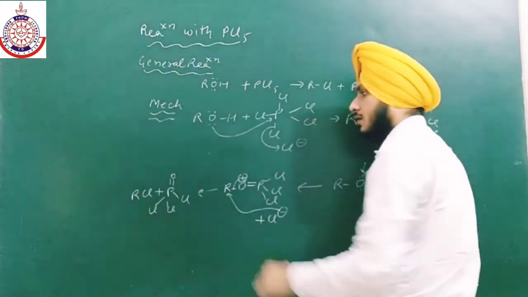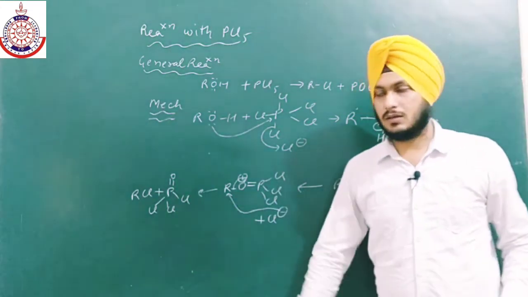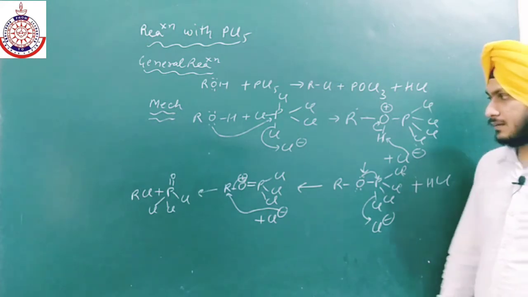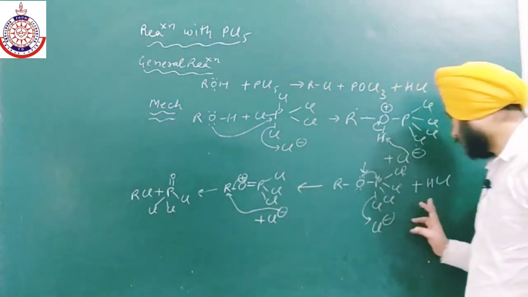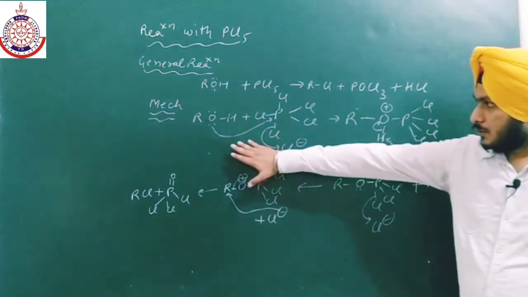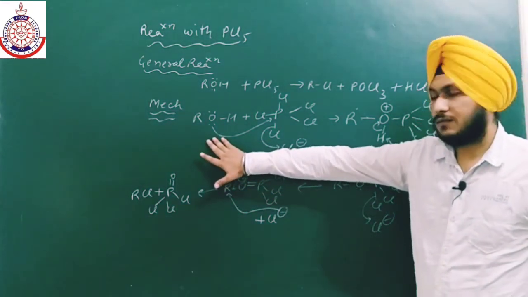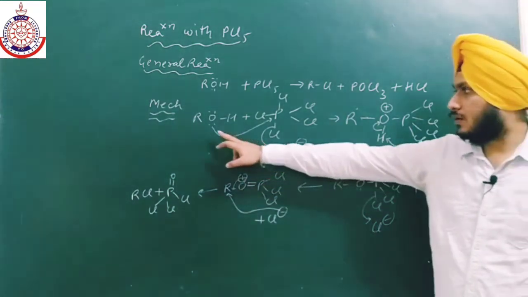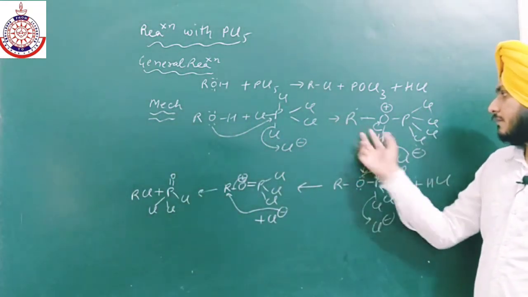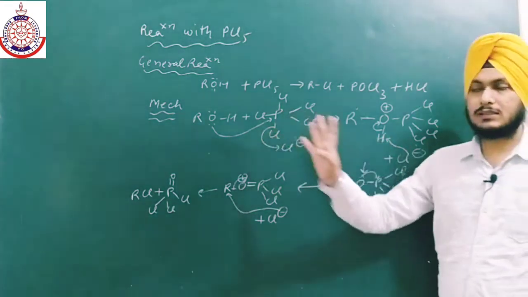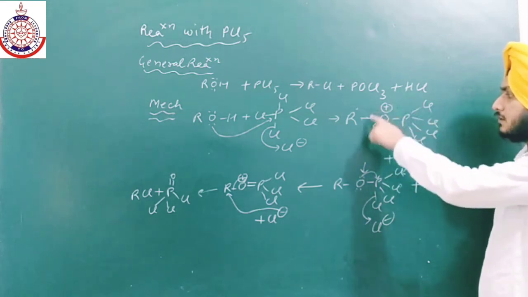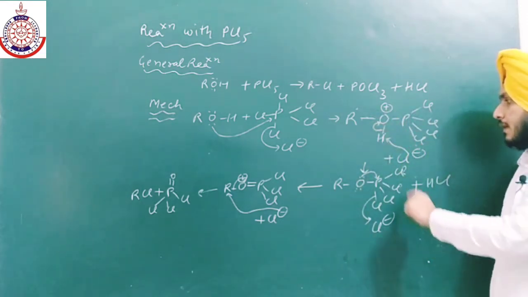This is phosphorus oxytrichloride. So now we will get all the products, the product as well as these two byproducts. Again I'm explaining that the first step is attack of nucleophile in all the reactions and Cl negative will leave. The positive charge on oxygen is highly unstable and this bond will not break because this compound is not stable.